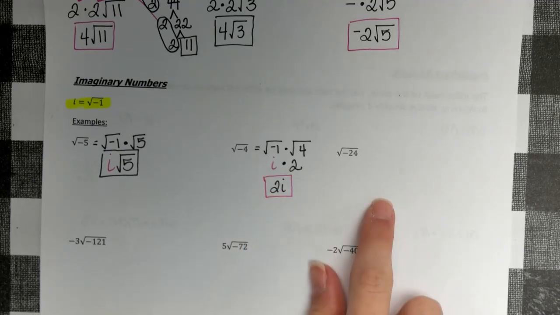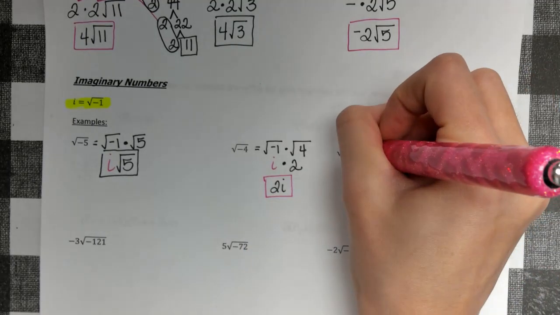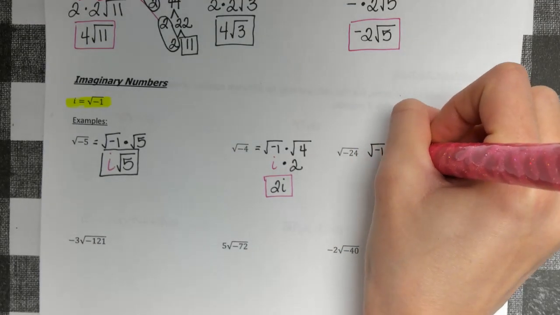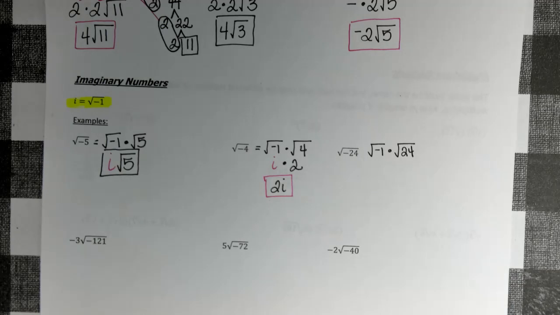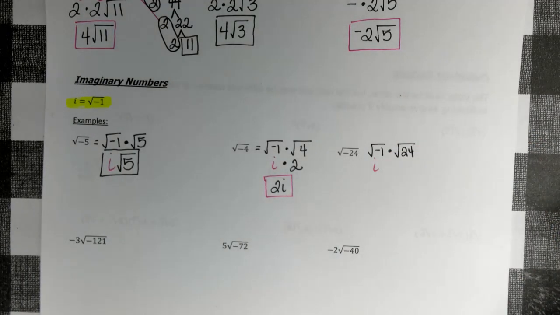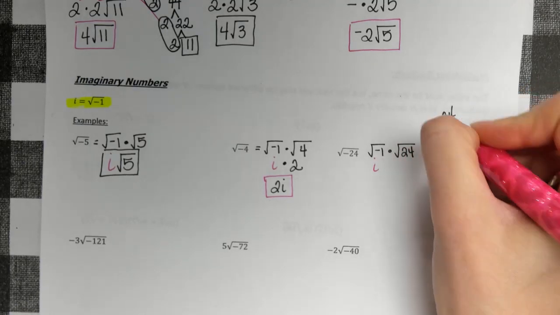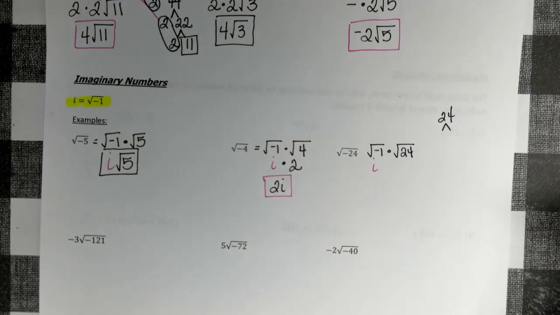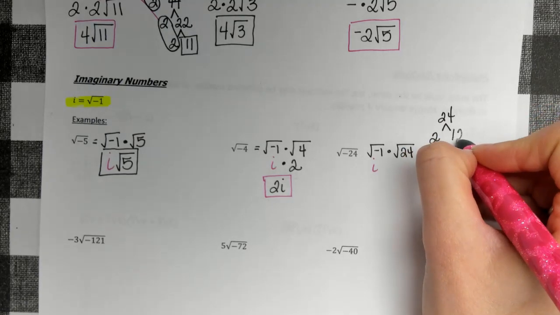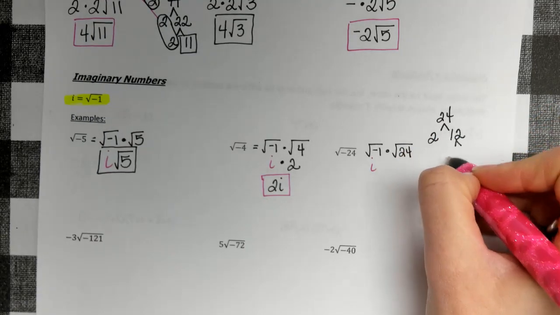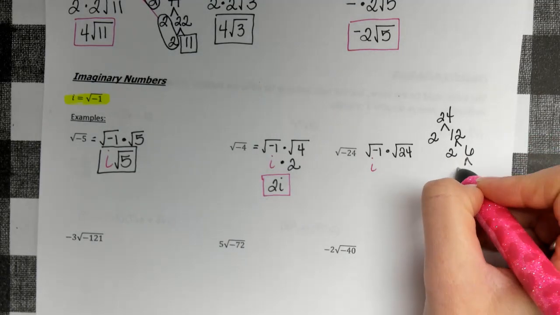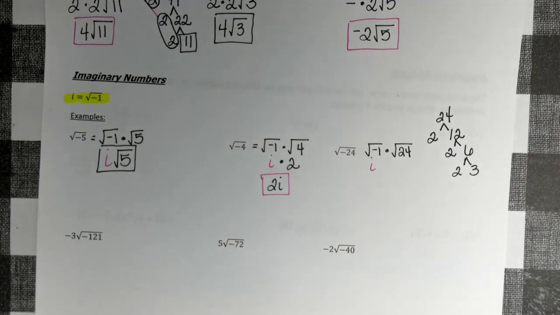Okay? So if I have the square root of negative 24, that gives me the square root of negative 1 times the square root of 24. Square root of negative 1 I know is I, but the square root of 24 I need to simplify. So I'm going to take 24, and I'm going to split that into what? 2 and 12. 12 can split 2 and 6. 6 can split 2 and 3.